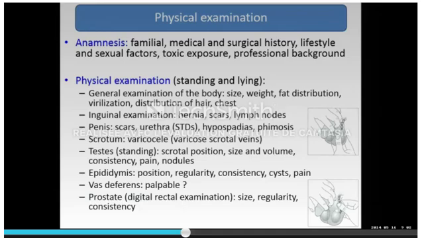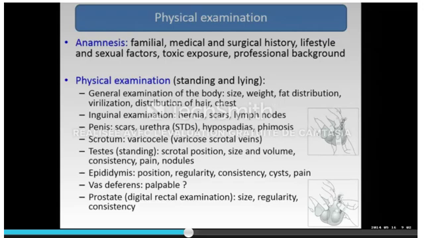This is called anamnesis, and we would ask him about his familial, medical, and surgical history, about lifestyle and sexual factors, about toxic exposure, and about professional background.